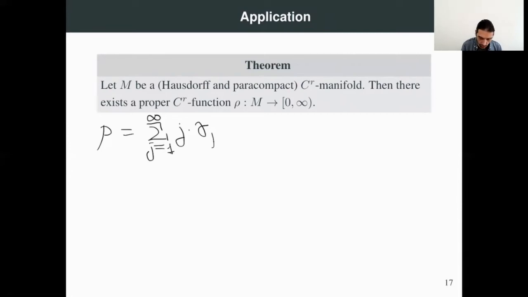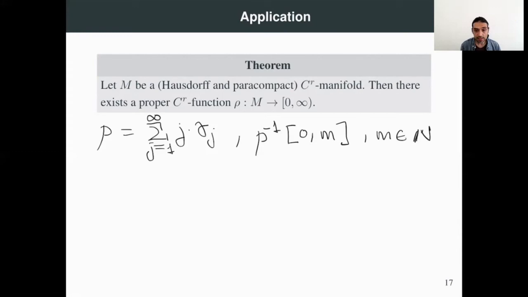And in order to show that this function is proper, it suffices to consider sets of this form where m is actually a natural number. It suffices to show that the preimage of these closed intervals is actually a compact set, right?